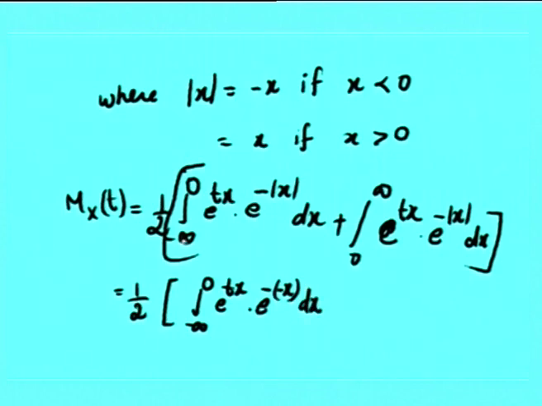This is because x is negative here, and integral 0 to infinity e power tx e power minus x dx. So, how is this written so that it is suitable for integration?